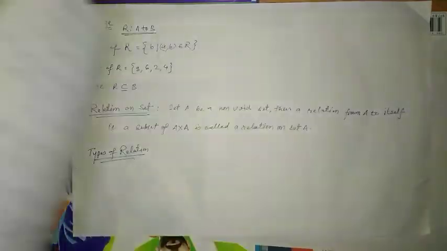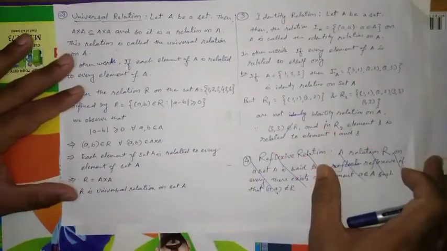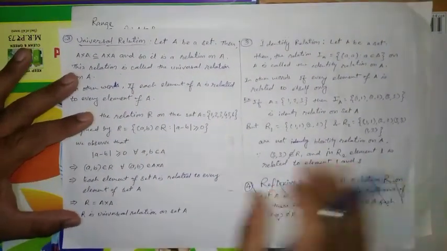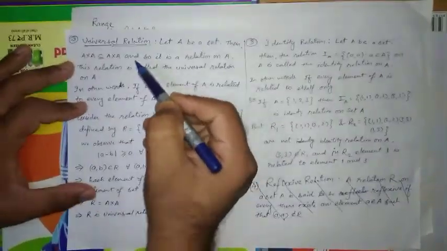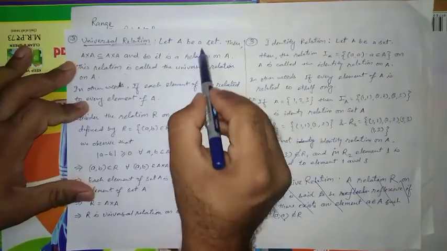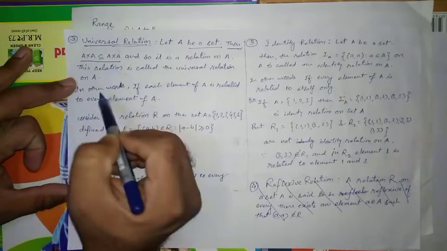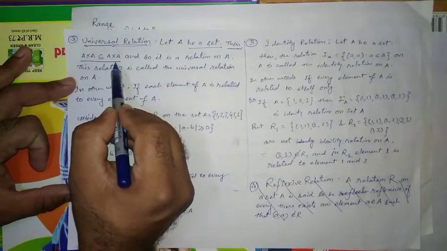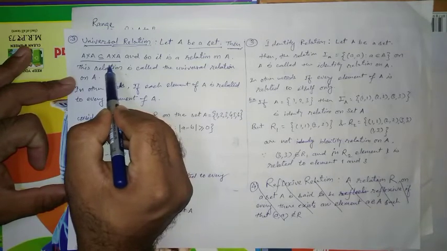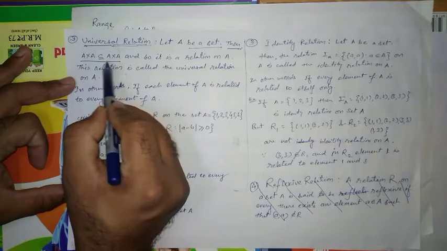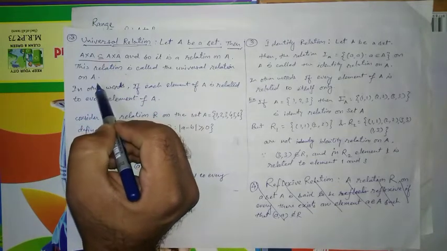Next is the universal relation. What is the universal relation? Let us consider A to be a set. Then phi is a subset of A cross A, and also the entire A cross A is one of the subsets of itself.